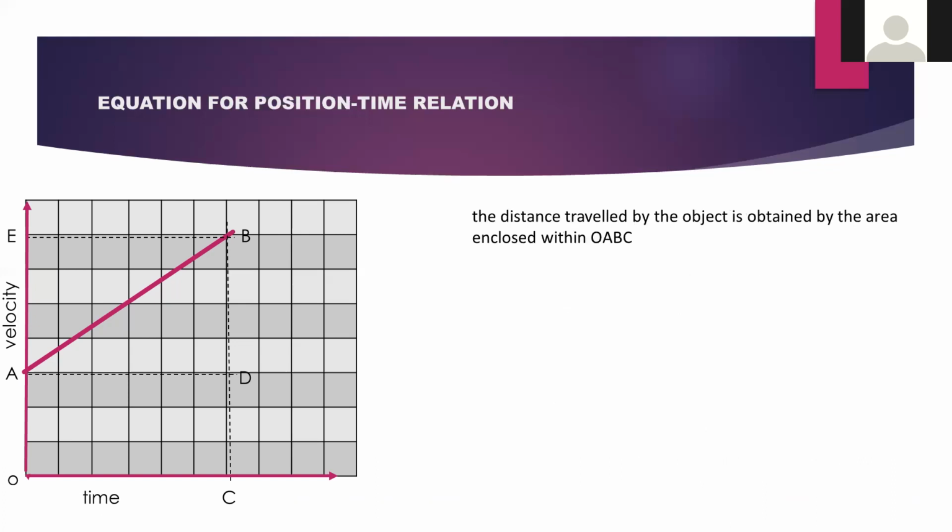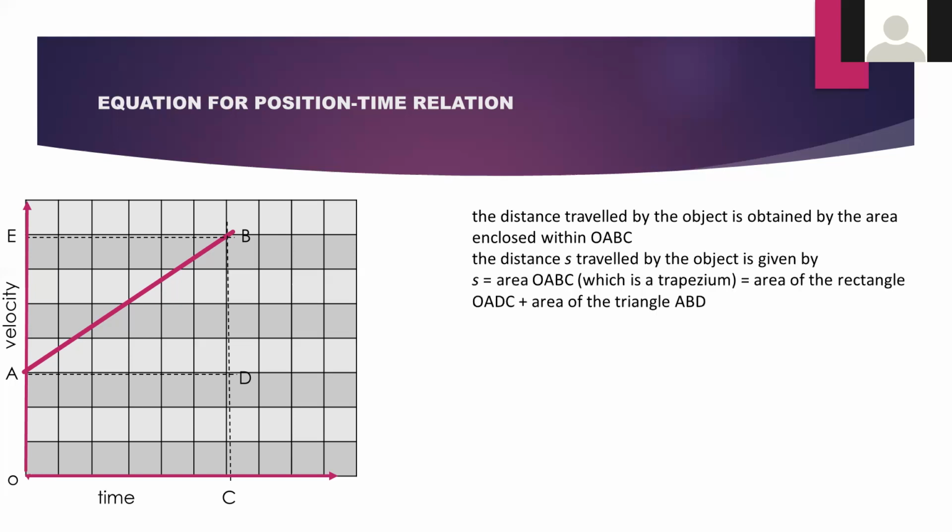Okay. Now, equation for position time relation. The total distance traveled by an object is obtained by the area enclosed within OABC, that is the area of trapezium. And to find out the area of trapezium, we will add up the area of rectangle and area of triangle. The area of trapezium OABC is equal to the area of rectangle OADC and the area of triangle ABD. Okay, now we know the formula of rectangle.